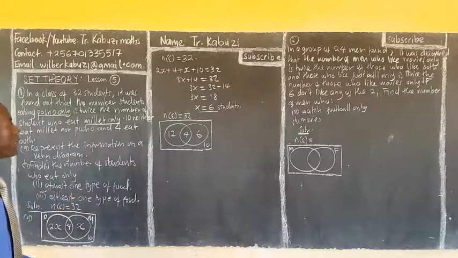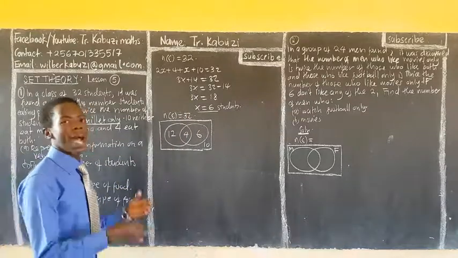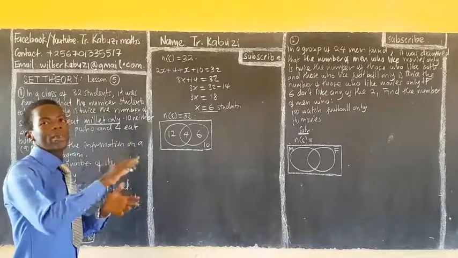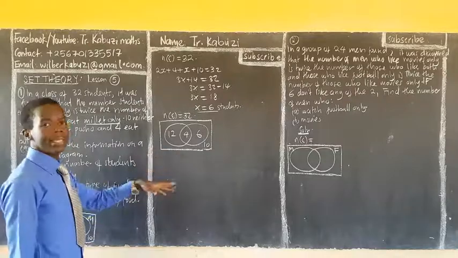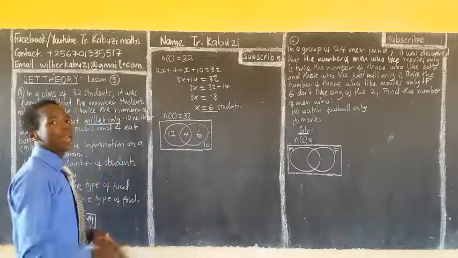At most one type: at most means the greatest or the biggest, that is, from 0 up to that number. Then at least means from that number up to the highest.